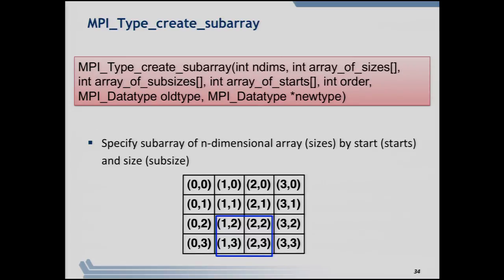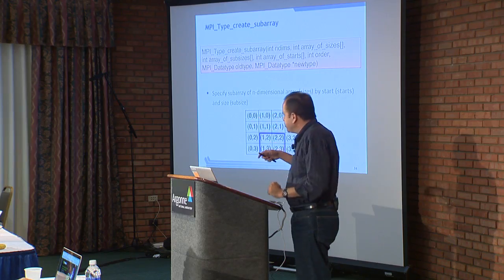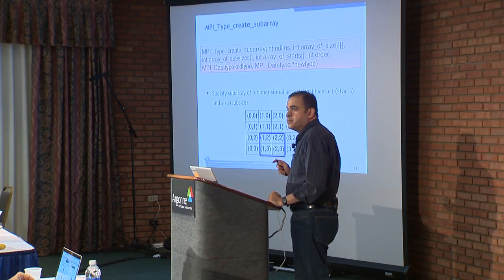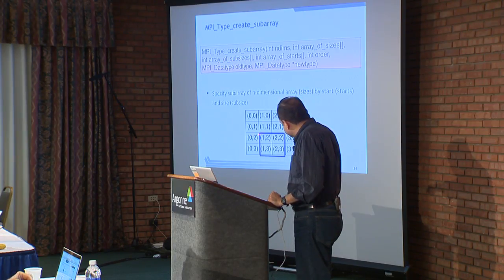So the array of sizes is a list of the global sizes in each dimension. Then the size of the subarray in each dimension. The array of starts is the starting indices of the subarray in each dimension.